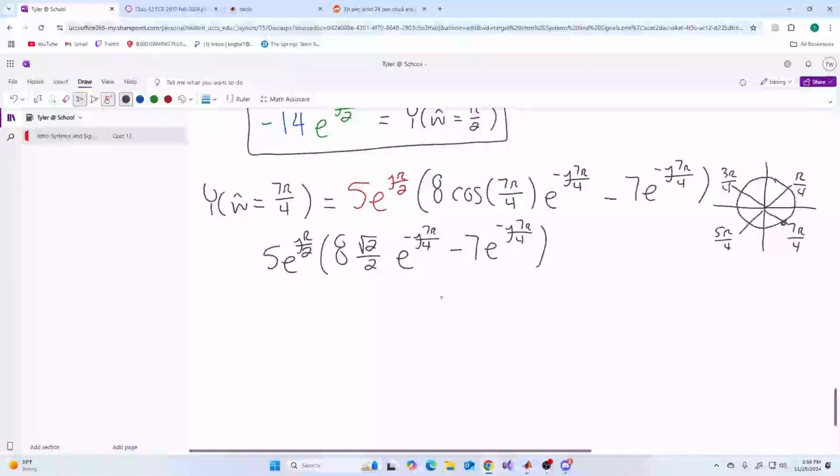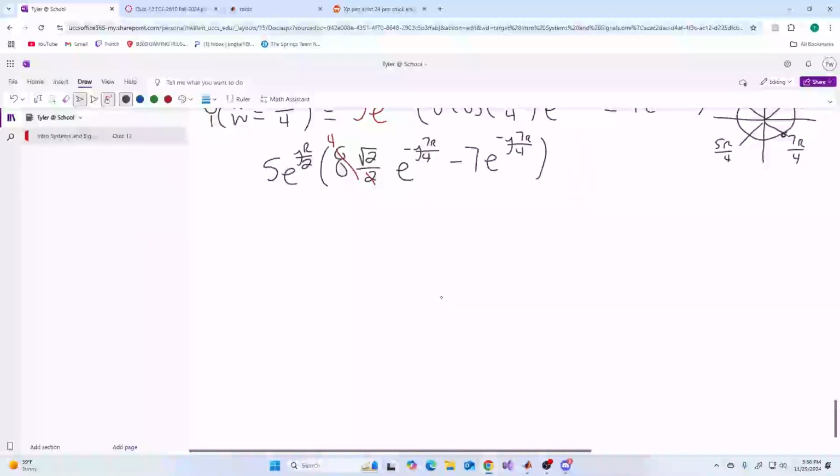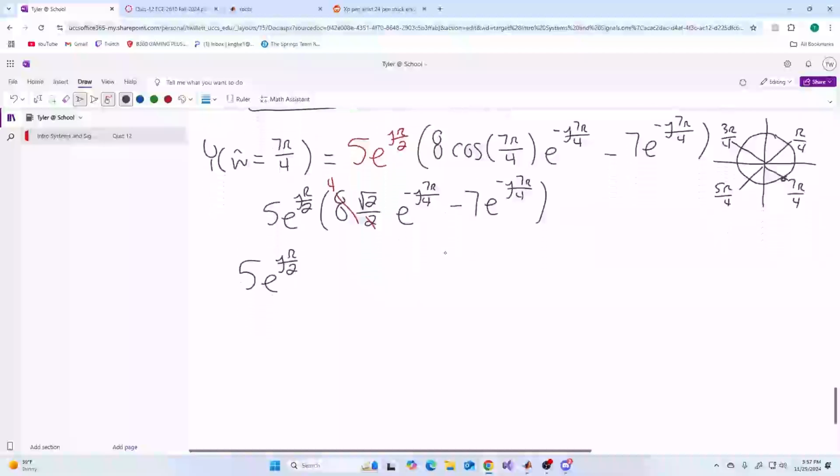Well, the 8 and the 2 are going to combine, and this is left with 4. So let me write this one more time. 5e to the j pi divided by 2 times 4 root 2 e to the negative j 7 pi divided by 4 minus 7e to the negative j 7 pi divided by 4.